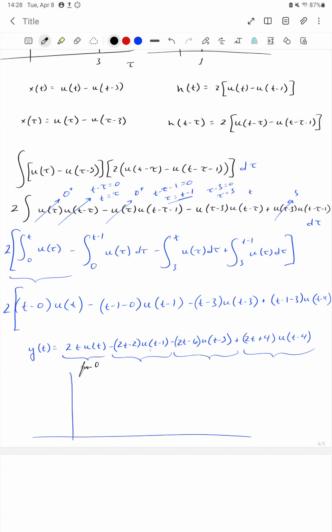Now this is going to continue until this part right here says from t minus 1, which is, if we remember, from 1 really, because we're going to the right. It's a minus in here. So that t minus 1 equals 0. T is equal to 1. So from t is equal to 1, this is going to be from t is equal to 3, and this is from t is equal to 4. Okay?